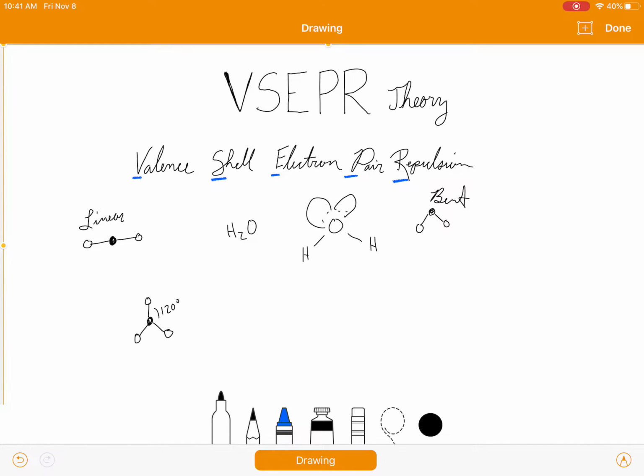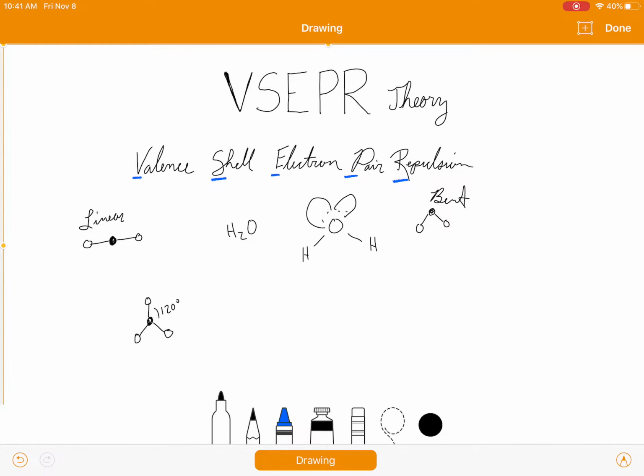If you did have electron pairs, an example would be ammonia, NH3. Nitrogen has electron pairs, and then you would bond to the hydrogens. It actually pushes them down.